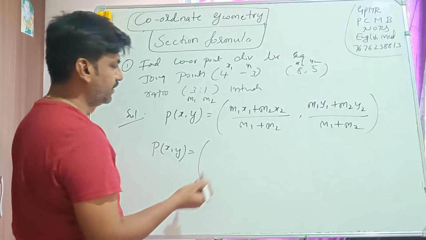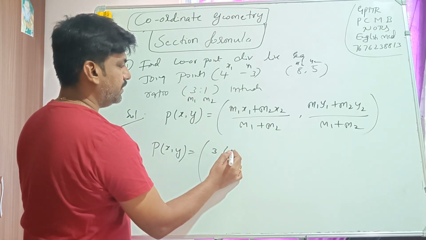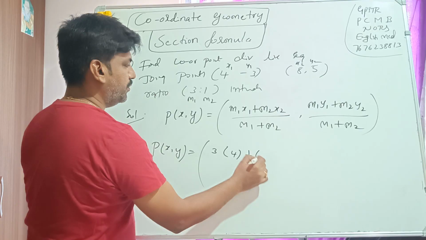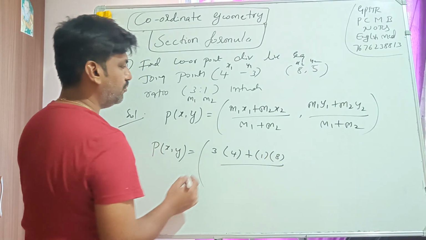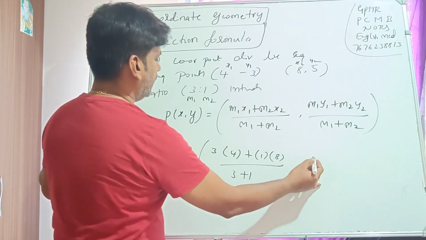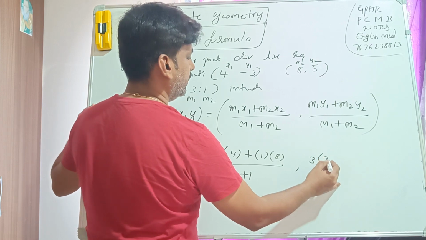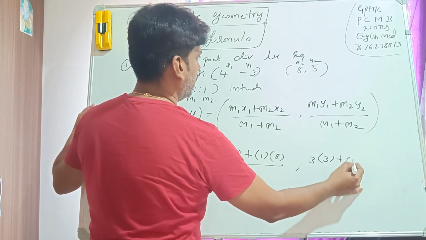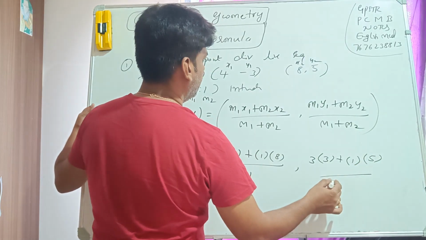Start substituting. What is the value of m1? 3. What is the value of x1? x1 is 4. What is the value of m2? 1. What is the value of x2? 8, divided by m1 plus m2, 3 plus 1. Right? What is m1 again? 3. y1 is -3. What is m2? 1. What is y2? It is 5, divided by m1 plus m2.